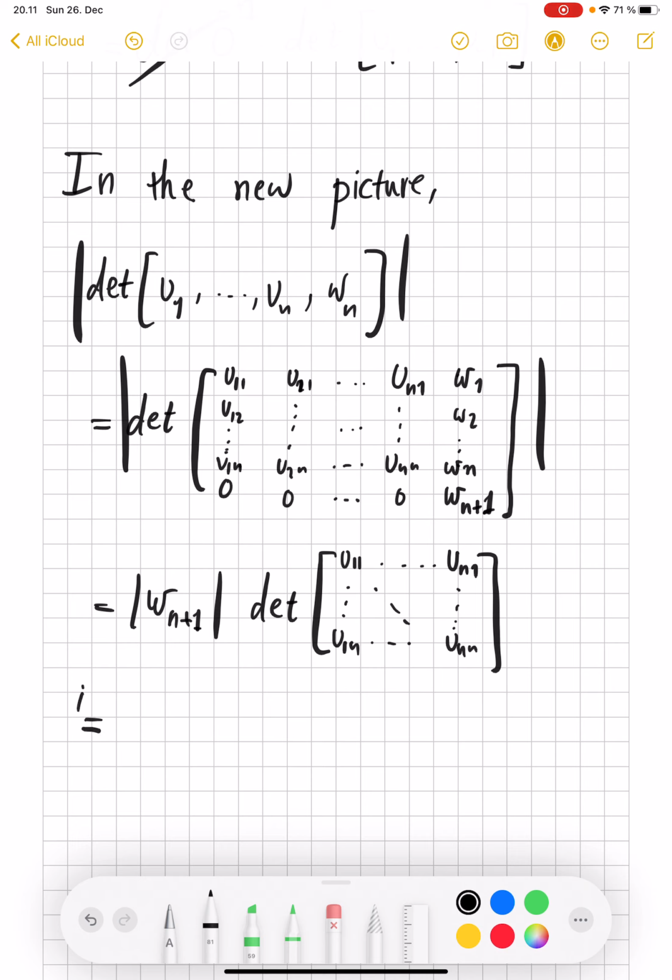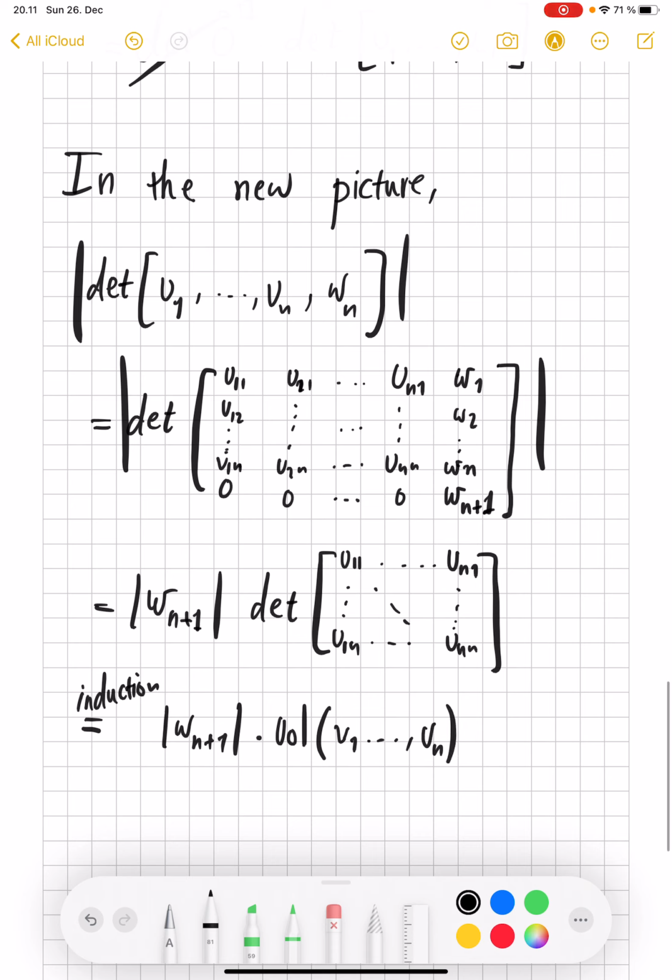By the induction hypothesis, we know that this will be the volume of the vectors v1, ..., vn as seen as subsets of R^n.